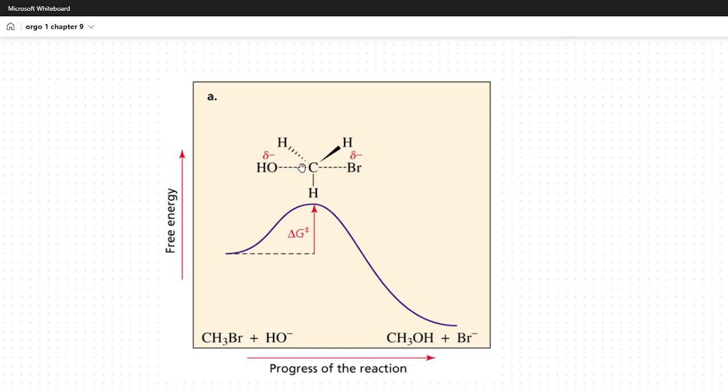The transition state is a carbon with a hydroxy group on one side and the halide on the other side. Both are electron-rich groups. And this transition state creates the activation energy of this reaction. And this is the only transition state, so you can see there's only one peak for this reaction, or one activation energy for this reaction.